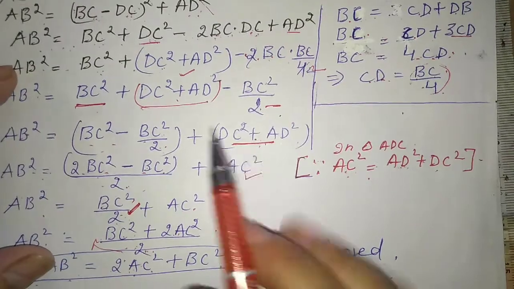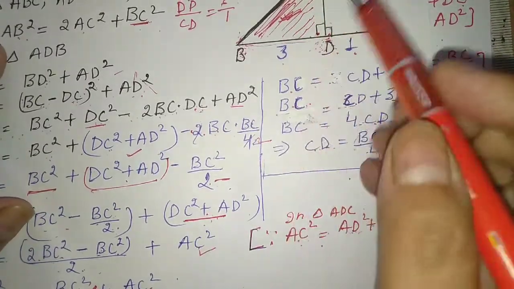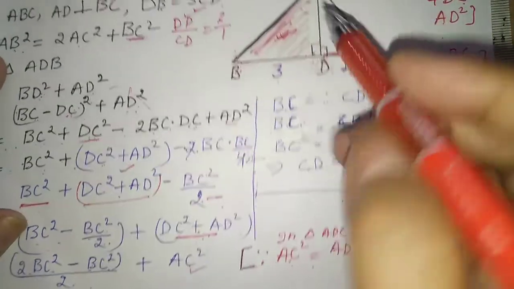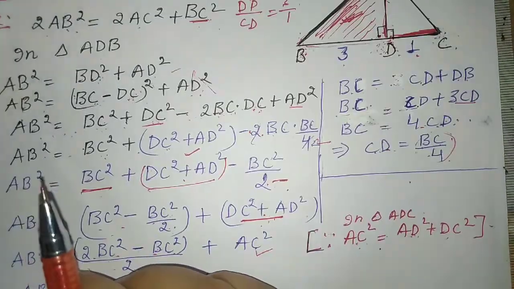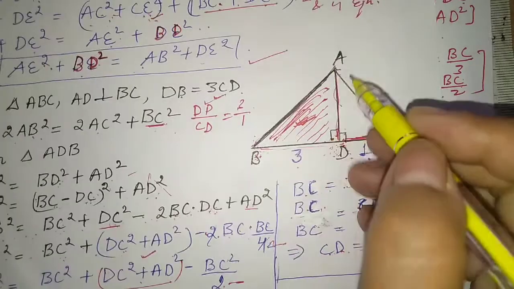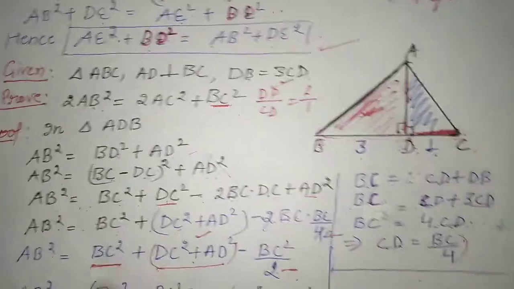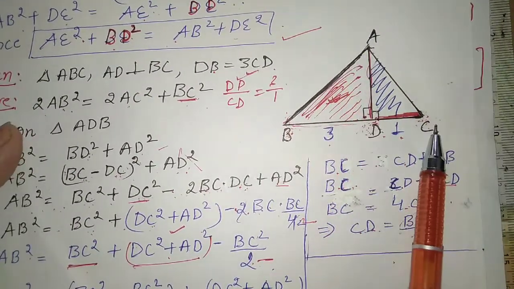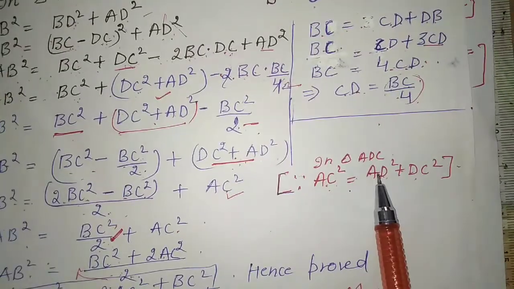And here in the figure, where is the DC square? DC side is here and AD is here. If we apply the Pythagoras theorem in this triangle, we have AC square is equals to AD square plus DC square.